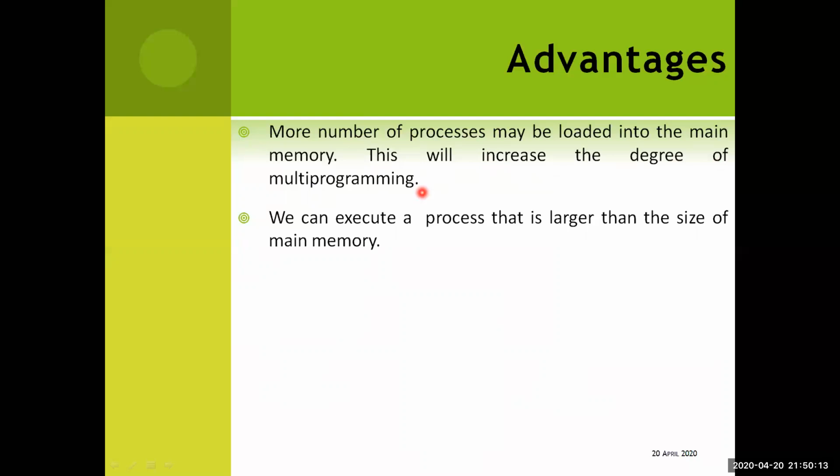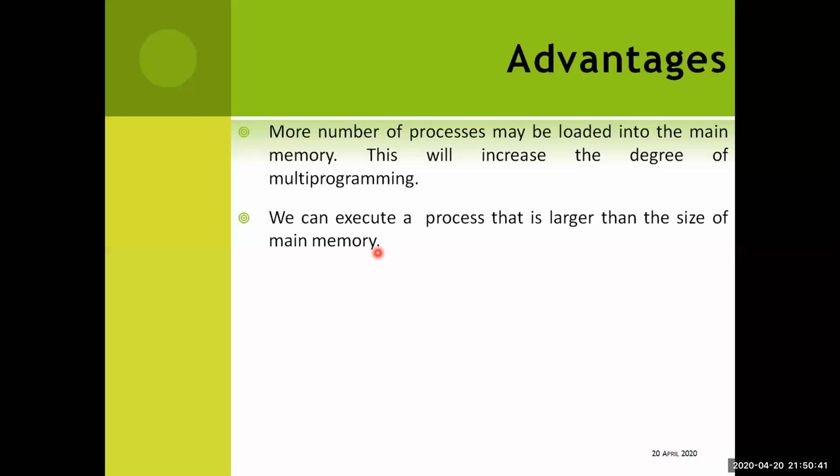The second most important advantage of demand paging is that we can execute a process that is larger than the size of main memory. We are not loading the complete program in order to start its execution. We are loading a small portion of a process and we start the execution of a statement.